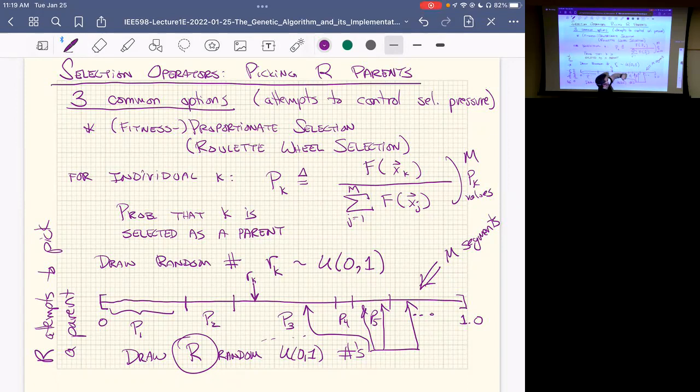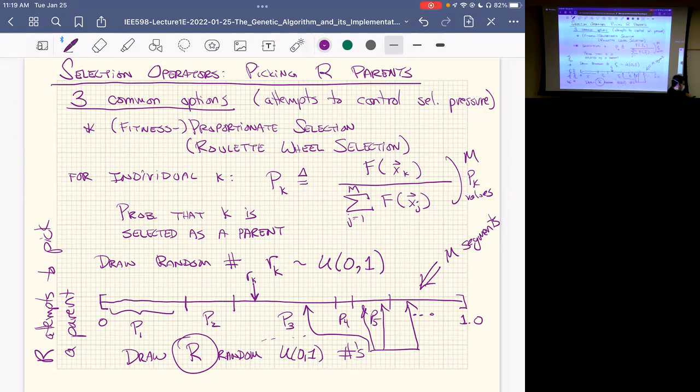So this is potentially good, but it's also potentially overkill, because we may really only care about the rank of the fitness and not the absolute value of the fitness. All right, so that's fitness proportionate selection.